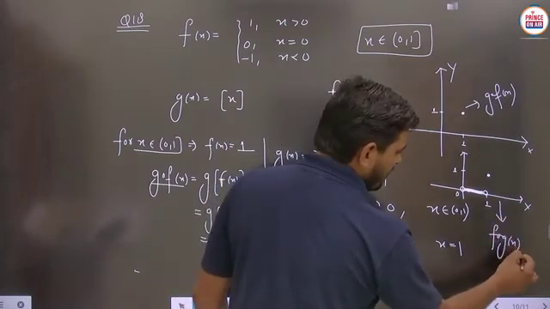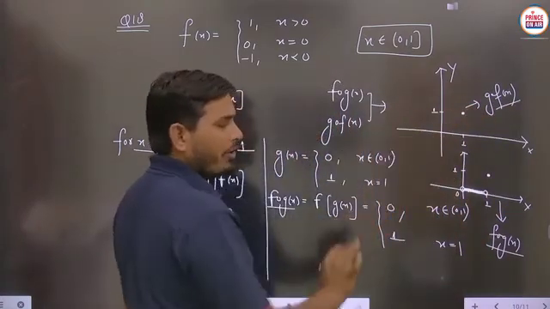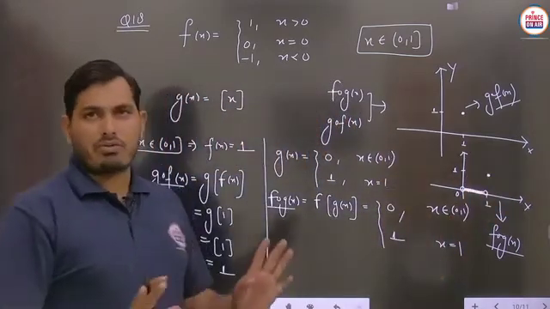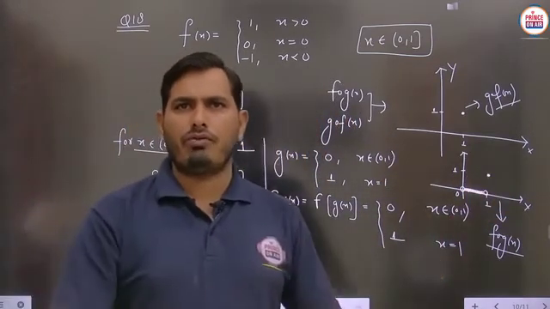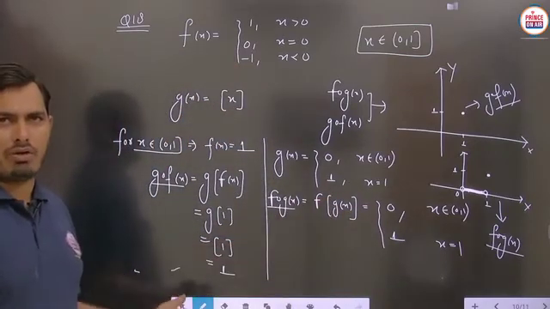Now student, you can check both graphs, this graph and this graph. This graph contains only a single point, but this graph contains this point as well as this part. Definitely, in this given interval the graphs of both functions are not the same, and you can also check that the definitions in this interval are not the same.